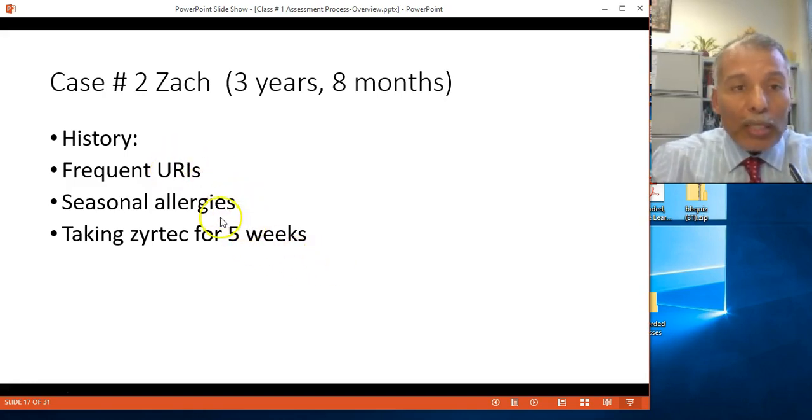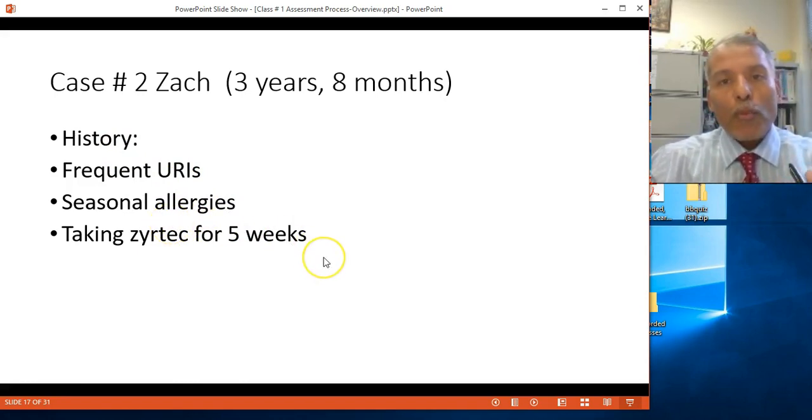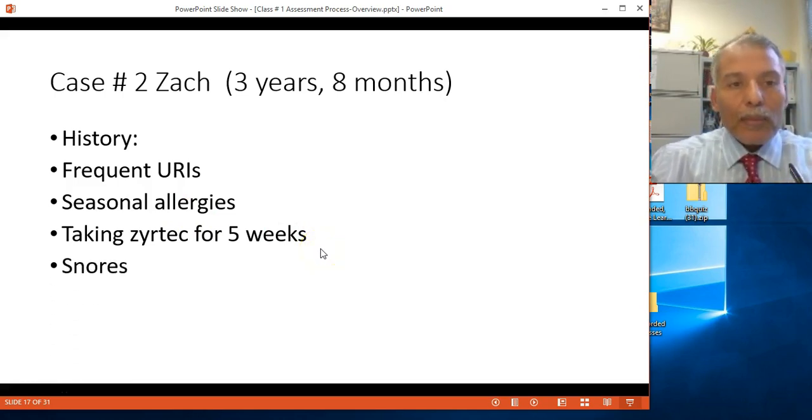So one single piece of information from the case history is critical. You can use it to interpret data and symptoms and signs. And of course, the snoring is associated with the upper respiratory infections.